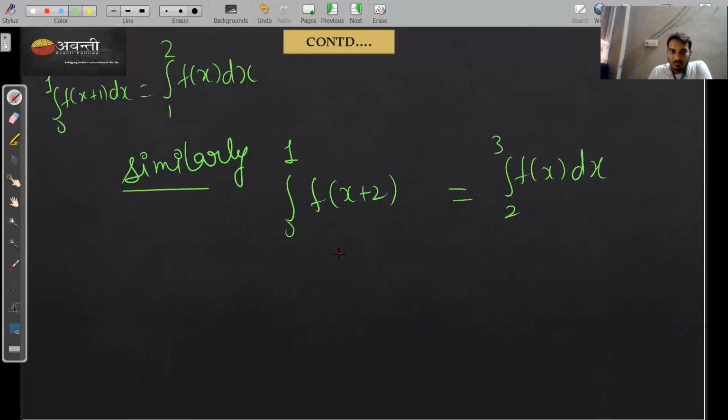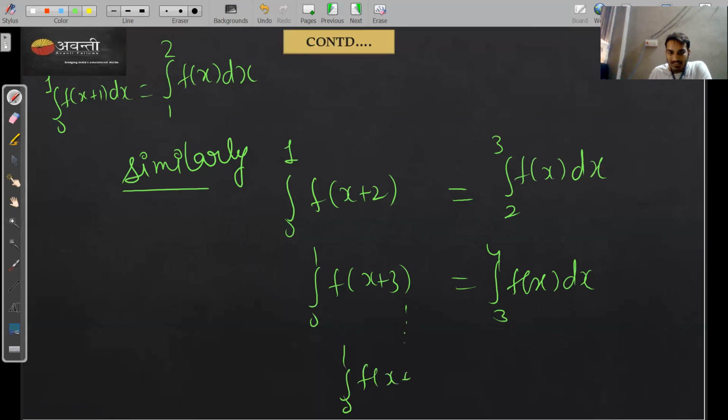And like that, integration 0 to 1 f of x plus 3 will become integration 3 to 4 f of x dx. So integration 0 to 1 f of x plus 7 dx.